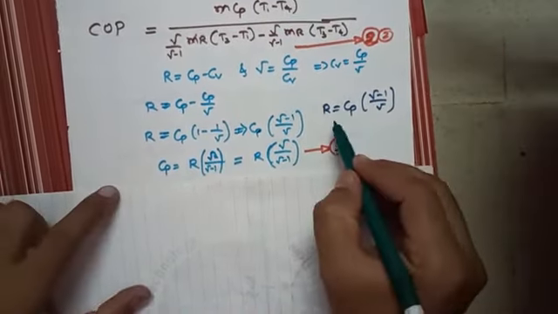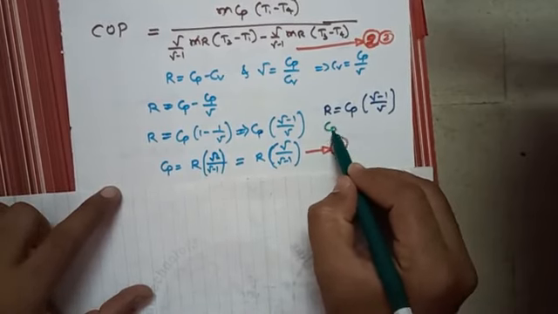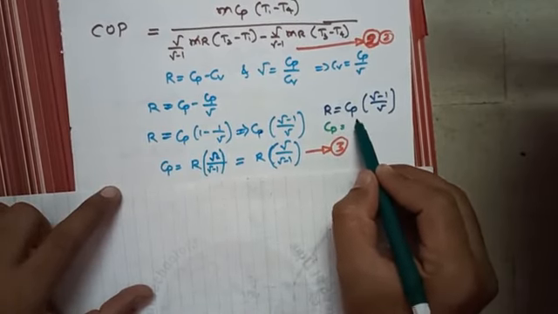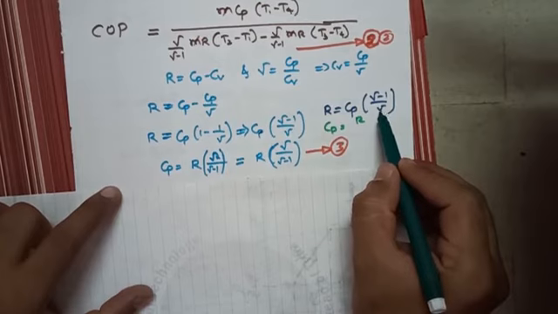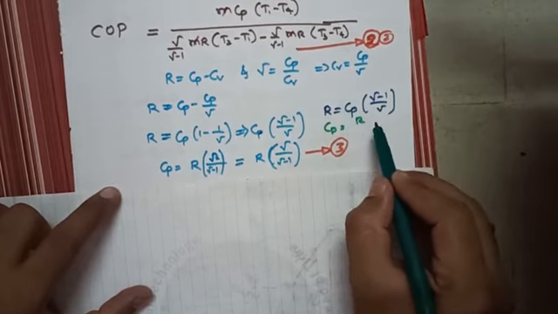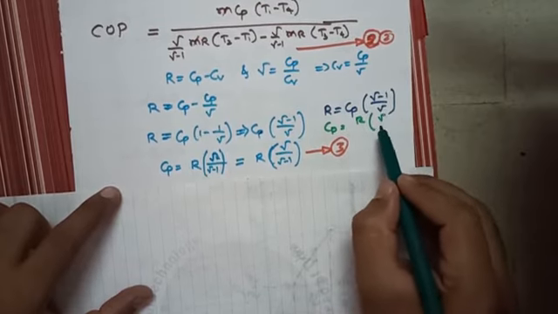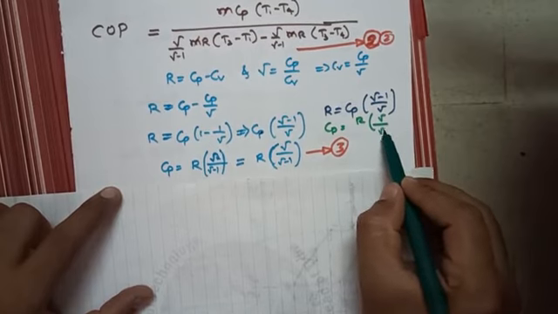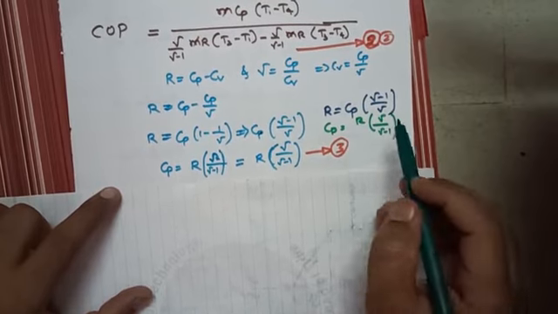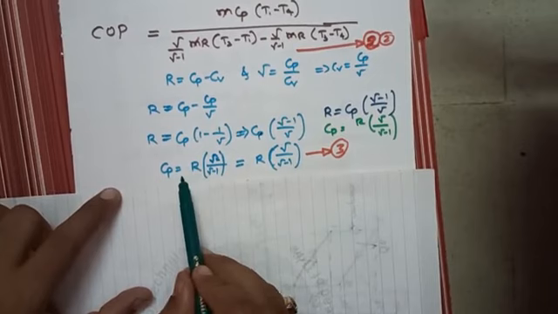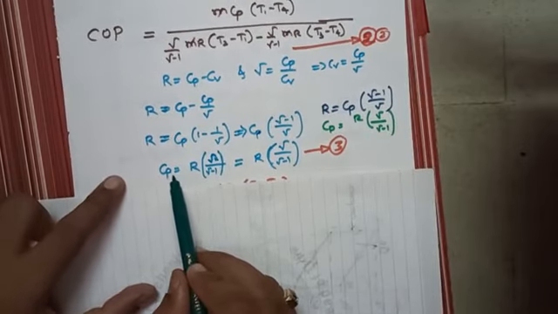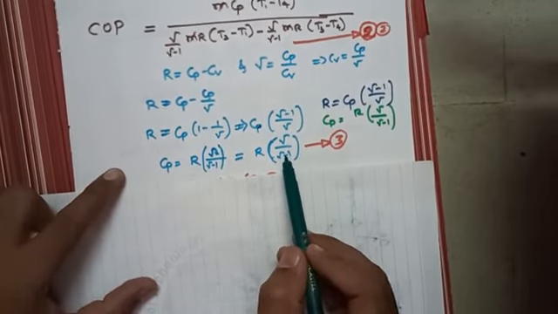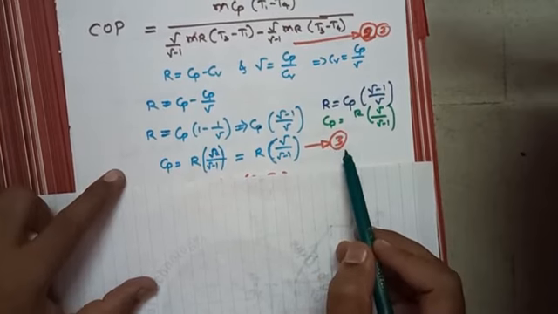So Cp is equal to R gamma divided by gamma minus 1. I will take it as equation number 3.